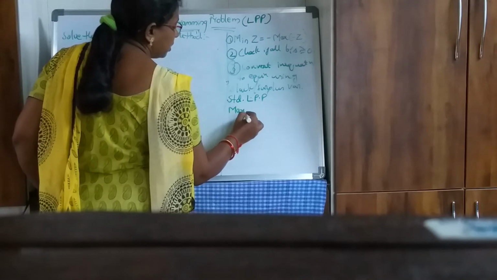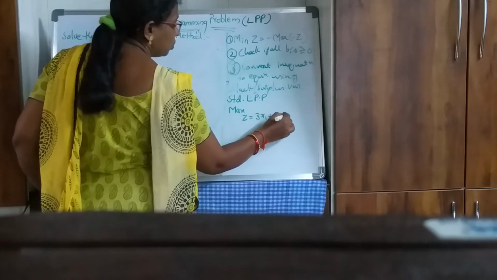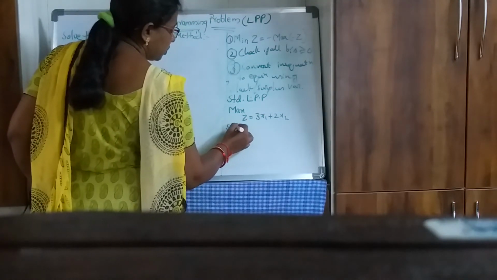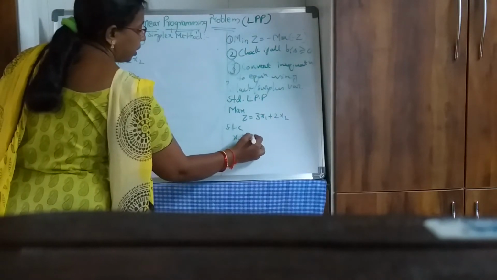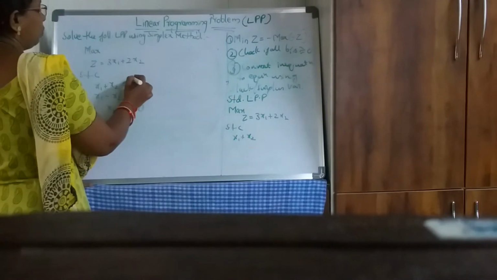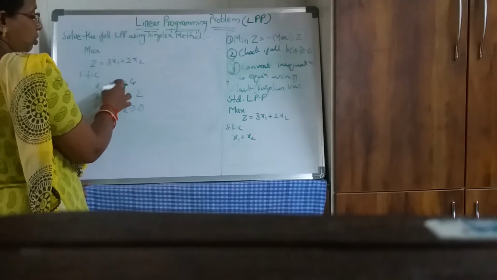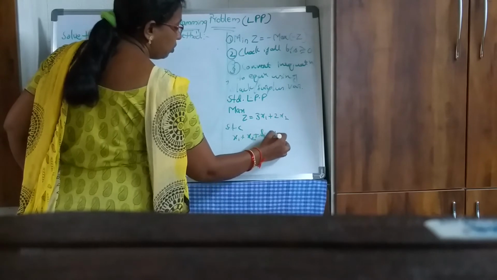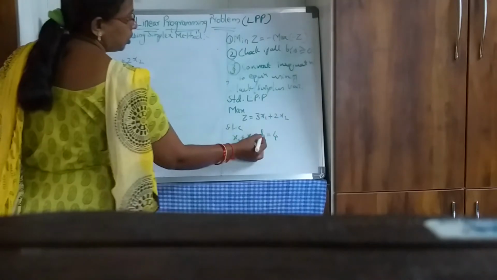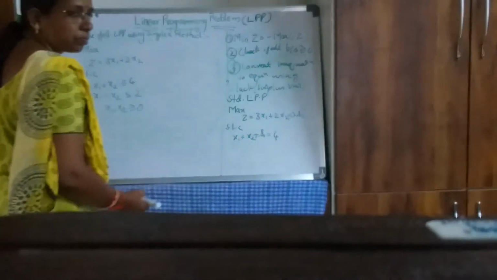Maximize z is equal to 3x1 plus 2x2 subject to constraints. The first constraint is x1 plus x2 less than or equal to 4. To make this an equation, I should add a slack variable: plus s1 is equal to 4, and the cost of this is written as 0 into s1.